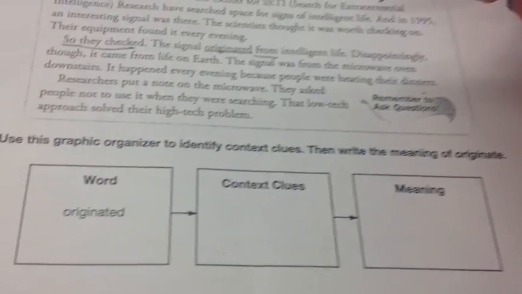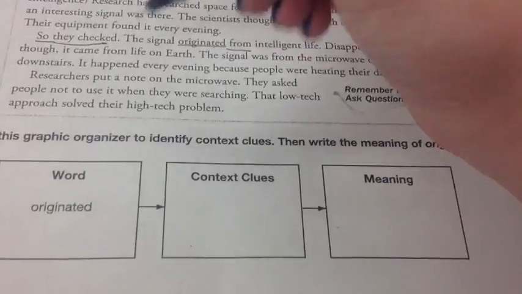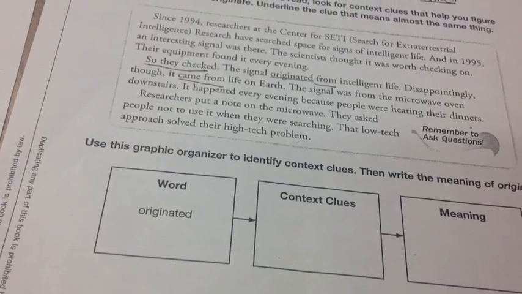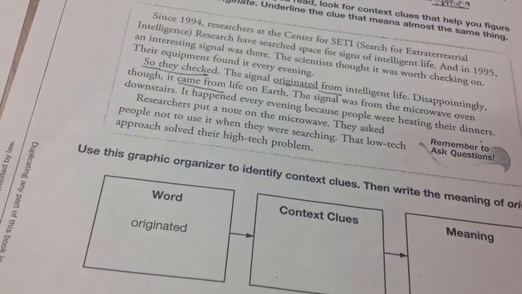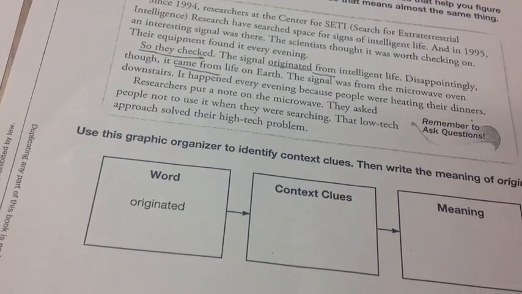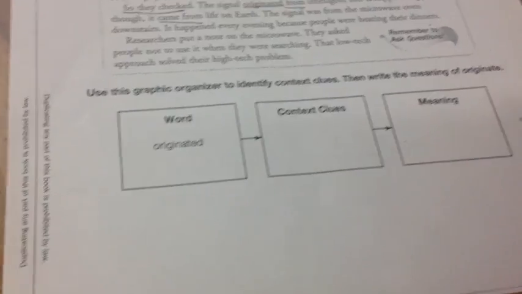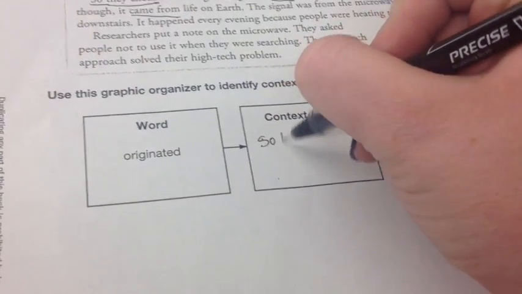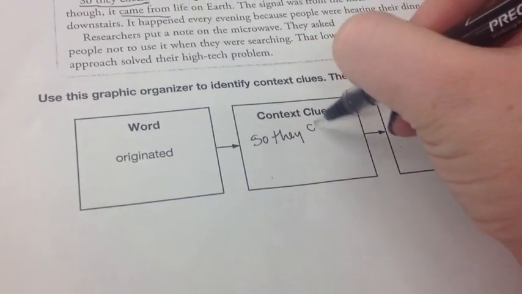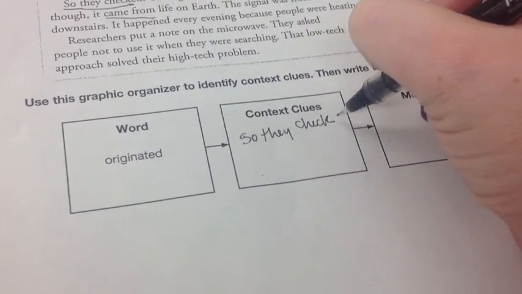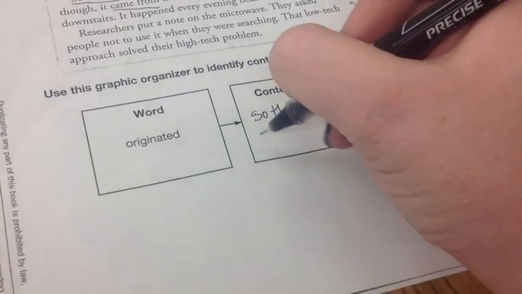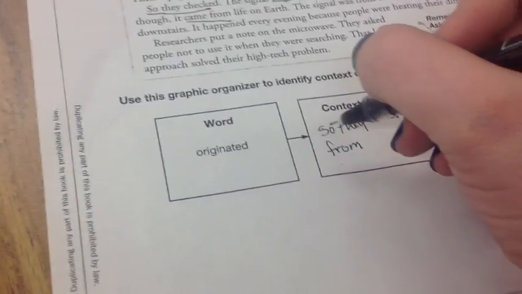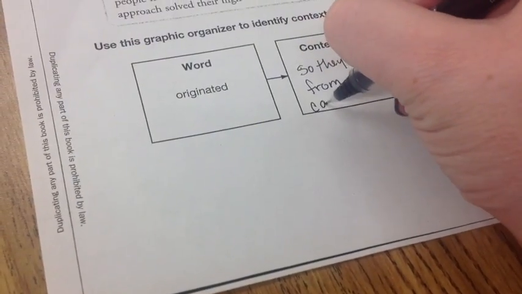So they were disappointed that it actually came from life on Earth. Okay, so it didn't come from outer space. So these three words let us know what the context clue means. I'm going to put it down. So they checked. Go ahead and write this down also. From and came from. We see that word from again.